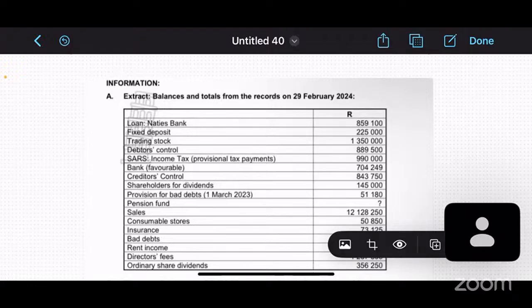Basically, the difference between current and non-current is that current, if it's a liability, it has to be paid within 12 months, if it's an asset, that means it matures and can be used within 12 months. Once it's over 12 months, that is going to be considered as non-current, okay?